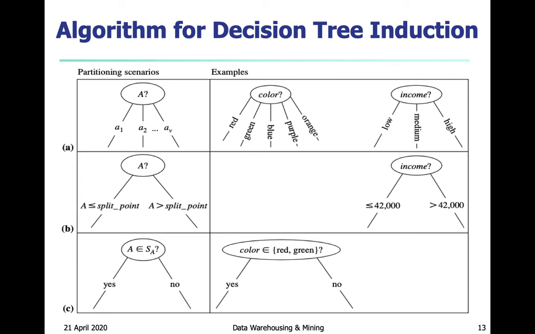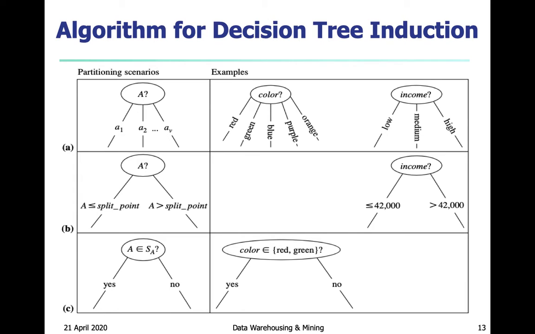So the tuples will be partitioned such that D1 will hold the values less than or equal to the split point, and D2 will hold the values which are greater than the split point.